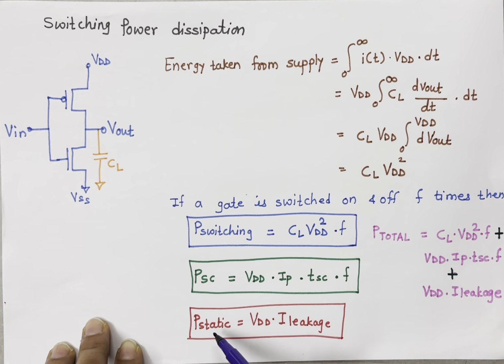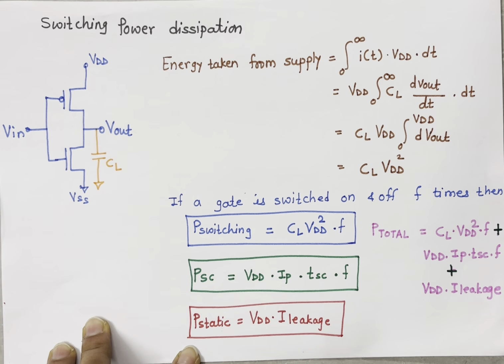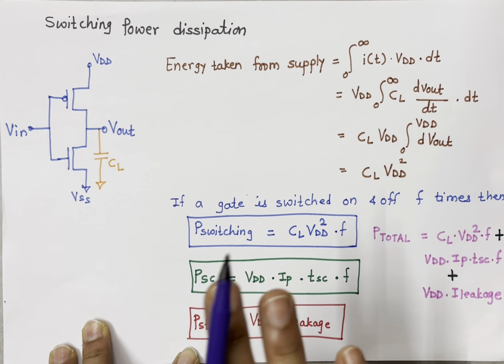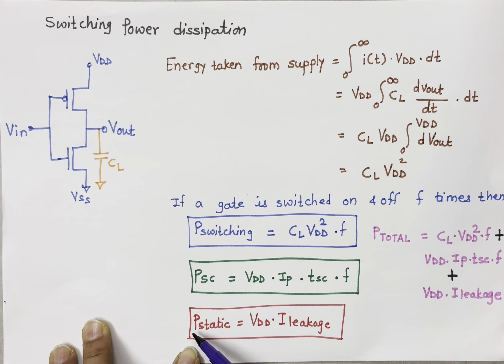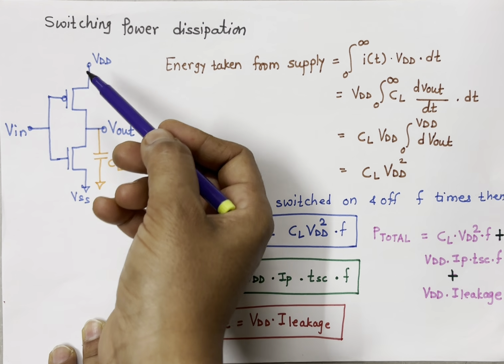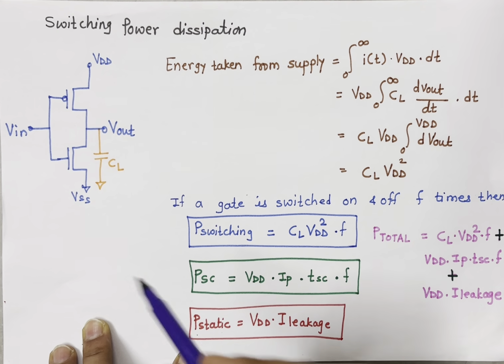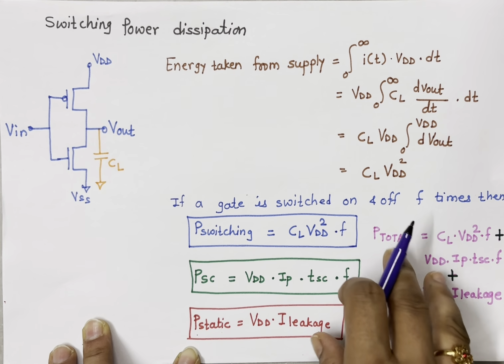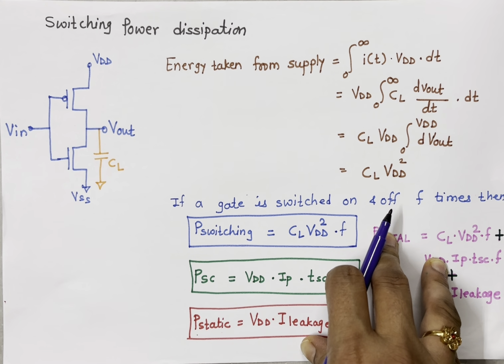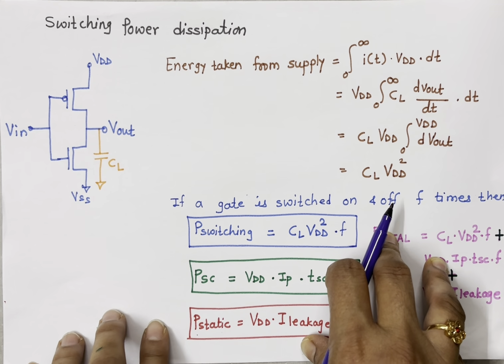See, static power dissipation is simply when the transistor is not switching, the circuit is in static state. So the equation for static power dissipation is VDD, that is supply voltage, into leakage current flowing through the circuit. Here I have taken a simple example of a CMOS inverter.